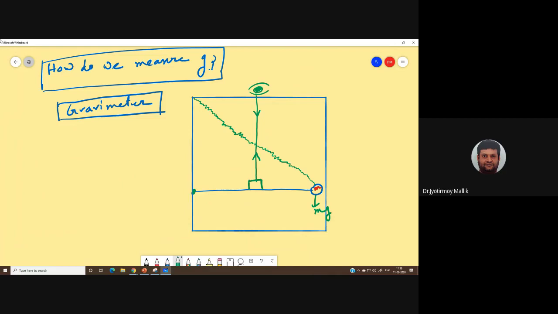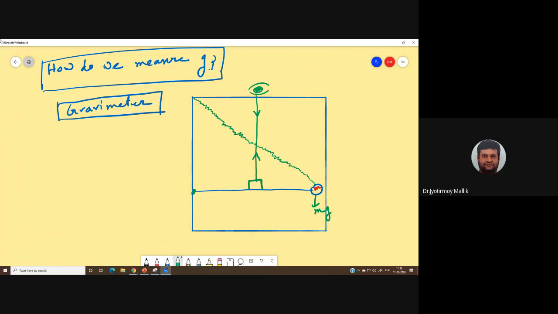The incident ray goes and comes back on the same path, so you don't see any deflection on the light that is going down and reflected back. In this particular case, you will not see any sort of tilt on the reflected light itself.